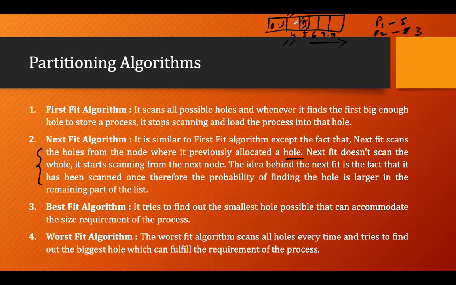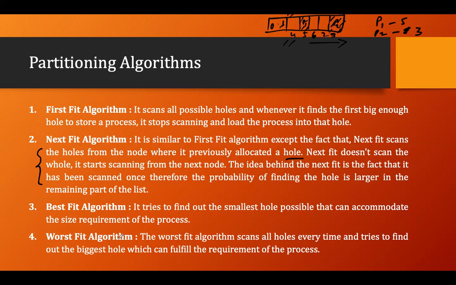So it will not accommodate here because it has to scan all, and from all the possibilities it will find out. 4 is there, no. 6 is there, no. 2 is there, no. 3 is there. After scanning everything, it will see 3, 2, 6, and 4. Which one is the best? So it will find 3. So P2 will be accommodated there. This is what happens in best fit, right?